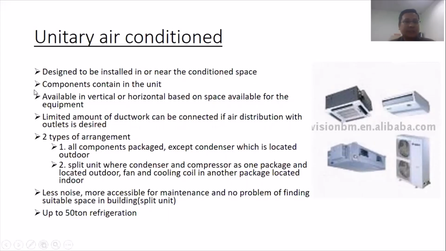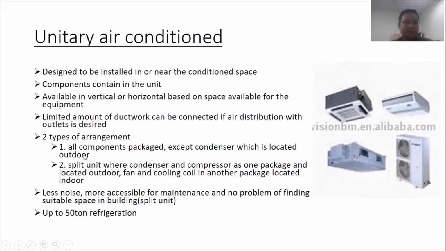And then the components contained in the unit are available in vertical or horizontal. So you can see horizontal and also vertical. A limited amount of ductwork can be connected if air distribution with outlets is desired.